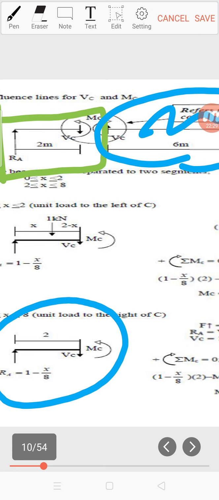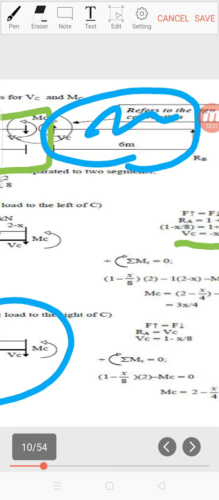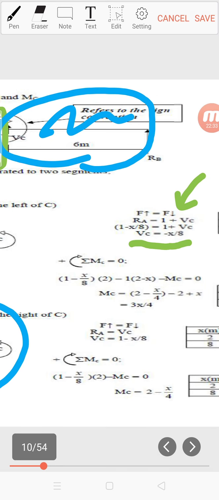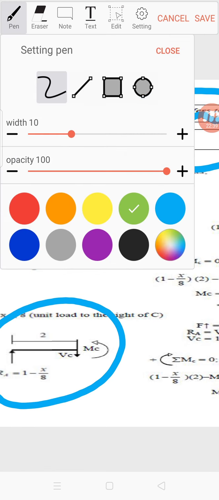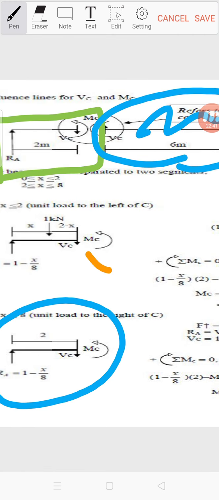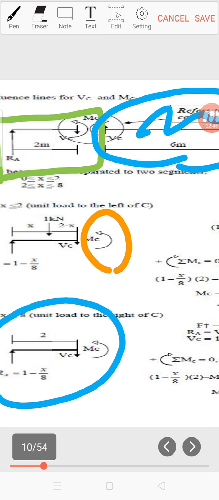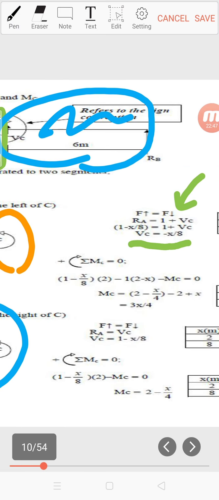We don't have any more clockwise looking from C, but we have counterclockwise. The first counterclockwise is the MC itself. The MC is counterclockwise, so we minus MC in this equation.